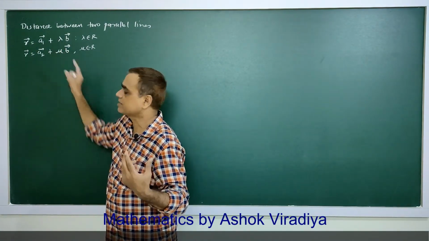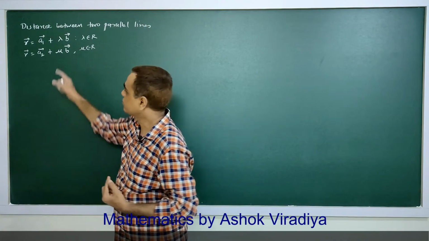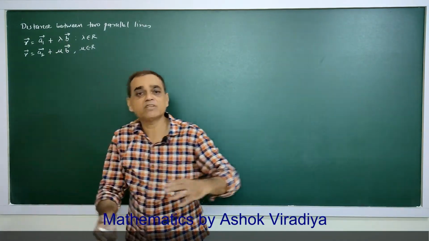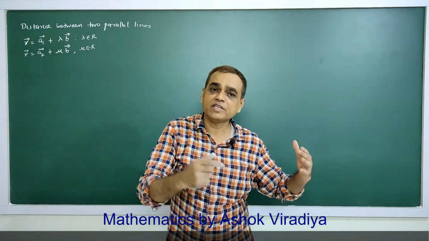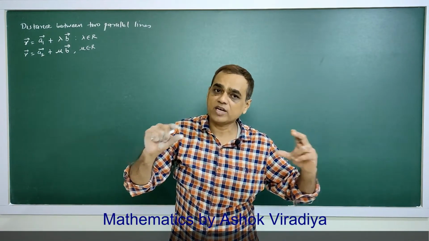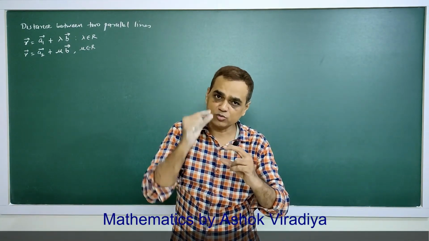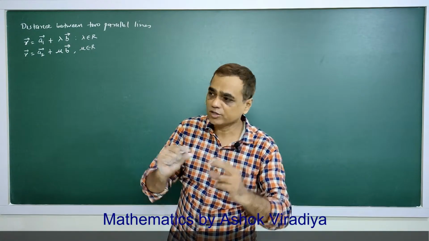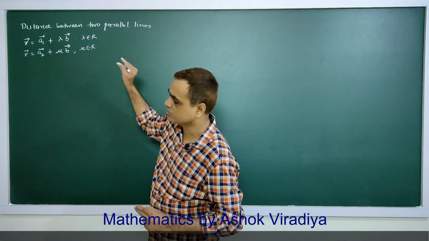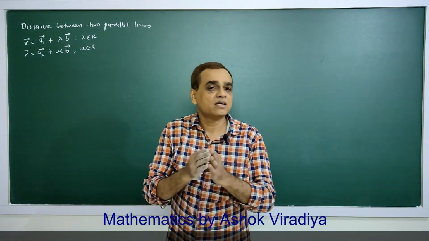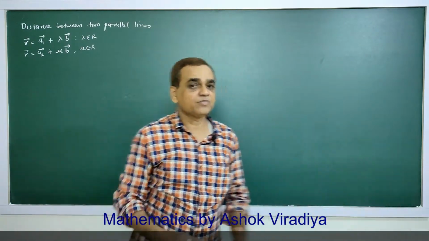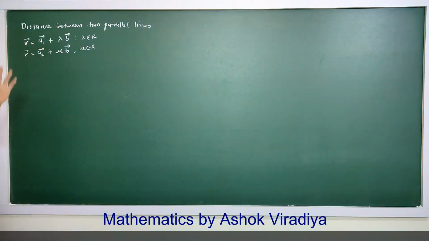These are parameters. So in both equations, wherever we have discussed two lines, you can use lambda, lambda, or mu, mu, or different symbols lambda, mu. No discussion will be affected. So let us take different symbols.